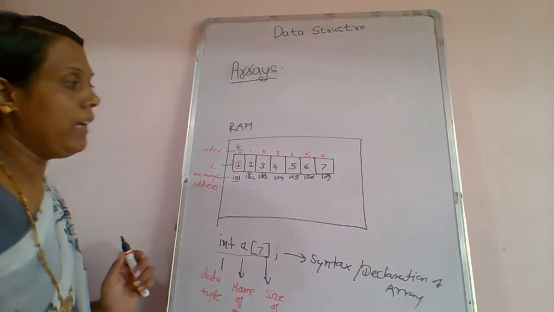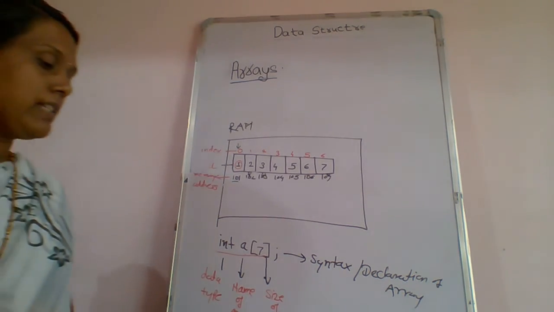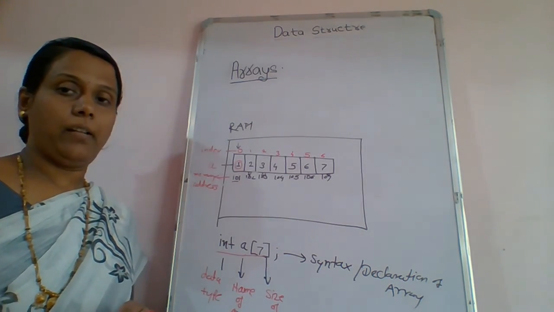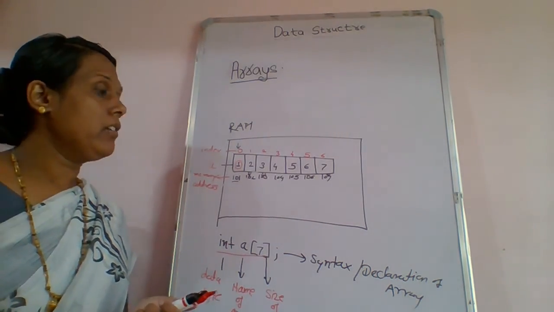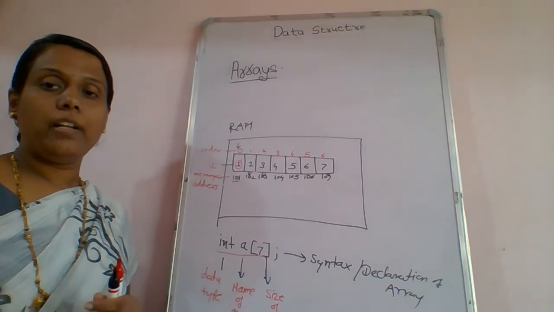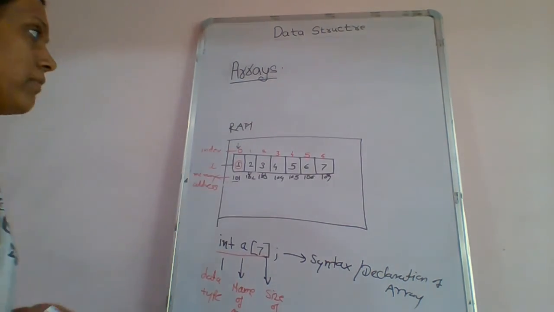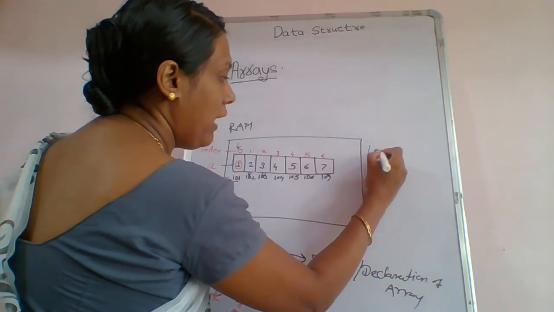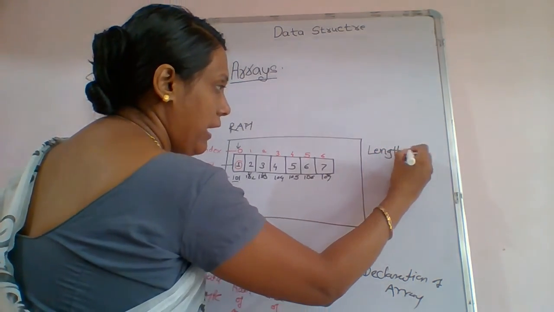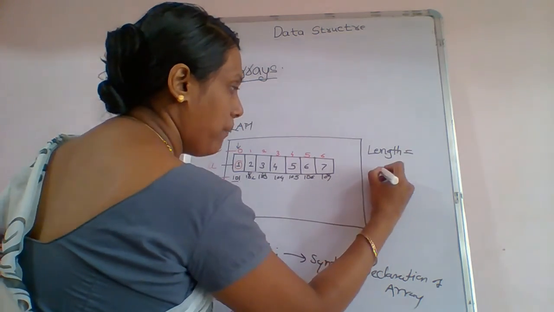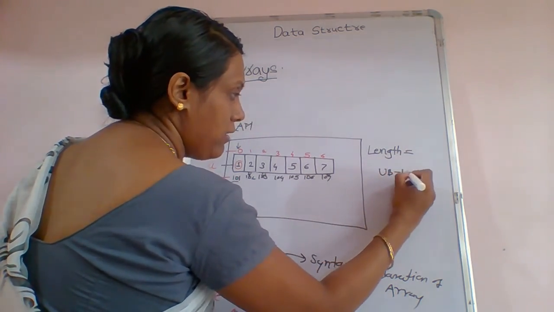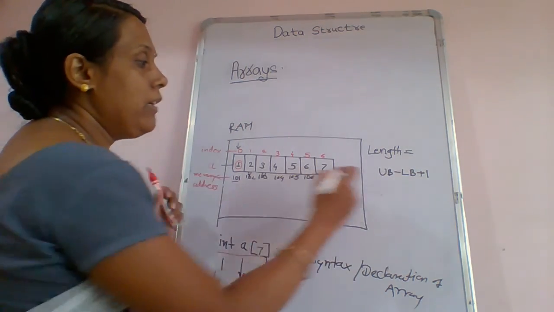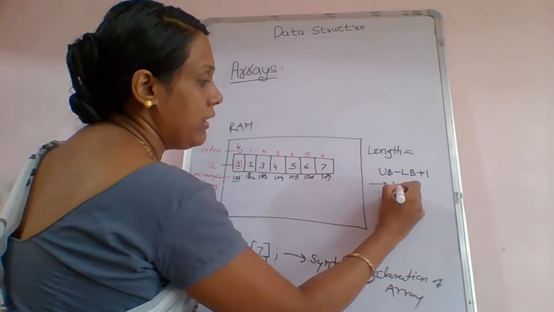So this is the array, and we can say that an array is a homogeneous data type. Now we can calculate the length of the array. To calculate the length, we have the formula: length equals upper bound minus lower bound plus 1.